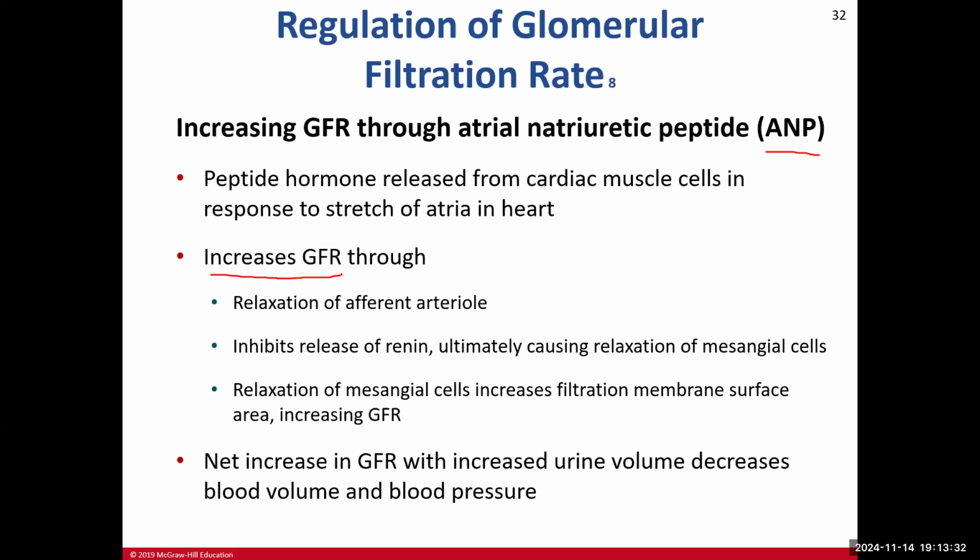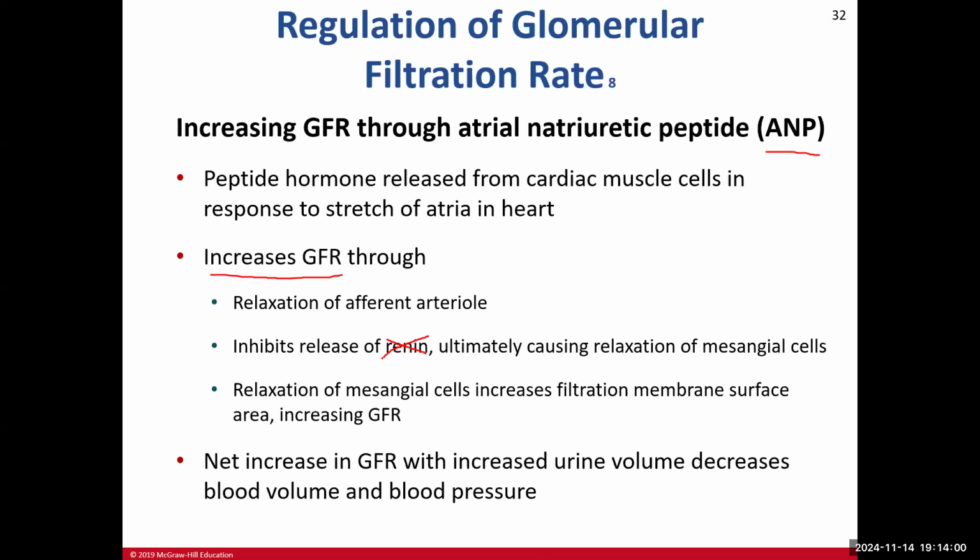ANP is going to affect the afferent arteriole, causing vasodilation of the afferent arteriole, and that allows more blood to flow into the glomerulus so we can filter more filtrate out of your blood, increasing urine production. But it's also going to take renin off the board, because if we can't produce renin, we cannot produce angiotensin 2.